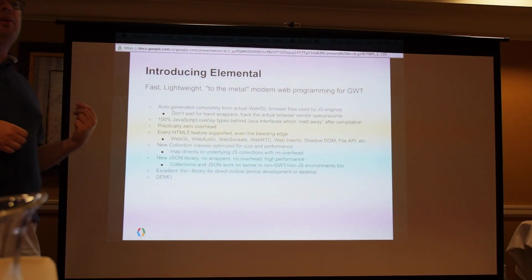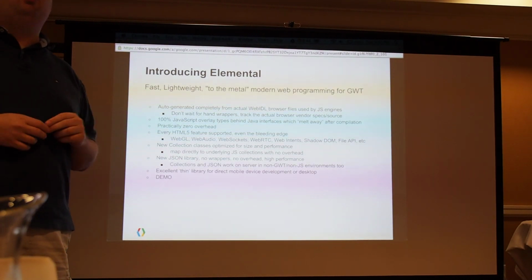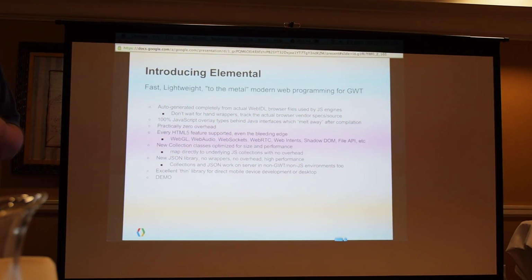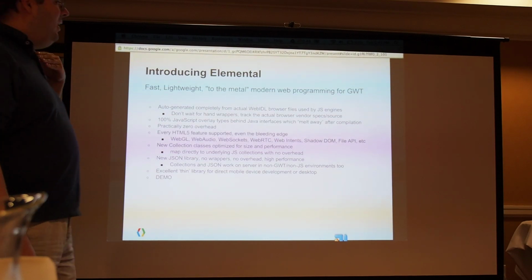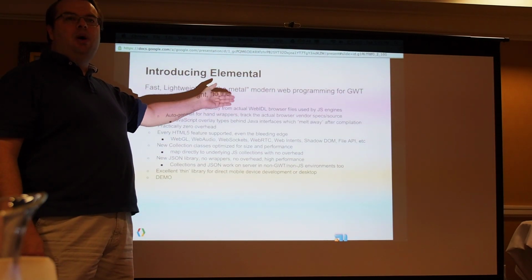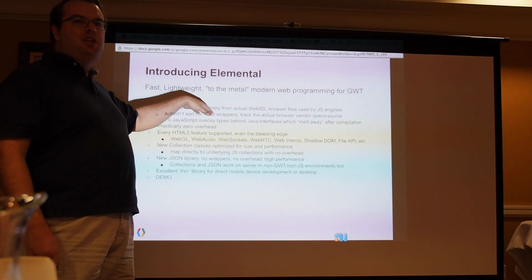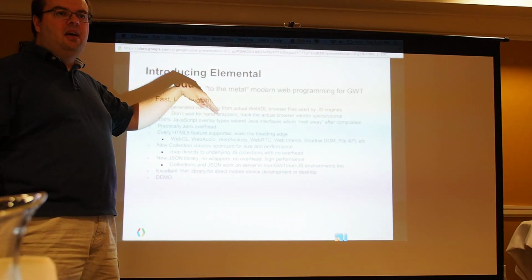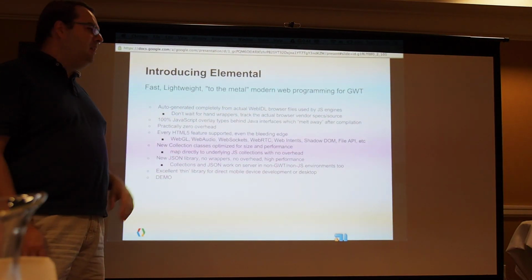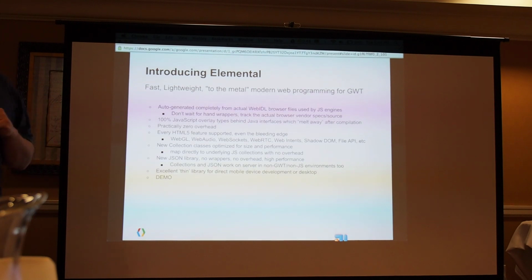So no longer with Elemental will we hand code JSNI method wrappers for Canvas APIs or WebGL or SVG. Instead, we just pull down the latest trunk from WebKit or Firefox, get the HTML5 IDL files, run a script, and poof, out comes this Elemental library.